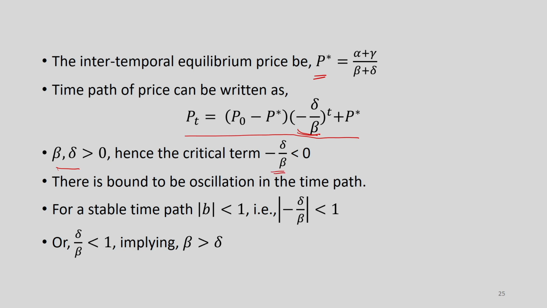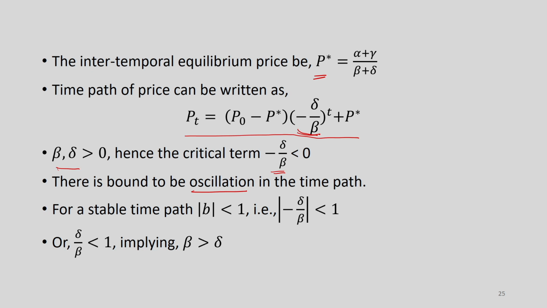And as we know, if b is negative, then there is bound to be oscillation in the time path. Okay. So, monotonic movement, whether you are talking about convergence or divergence, is not going to be there.